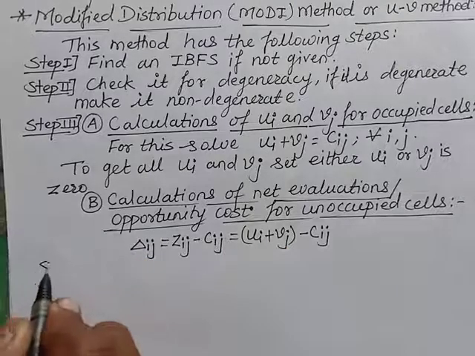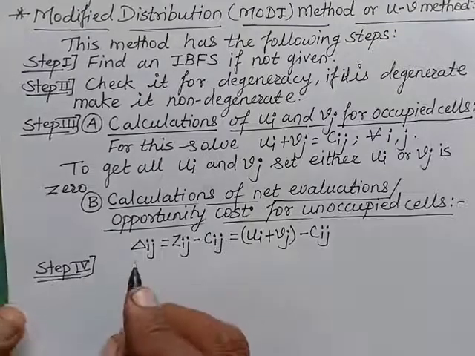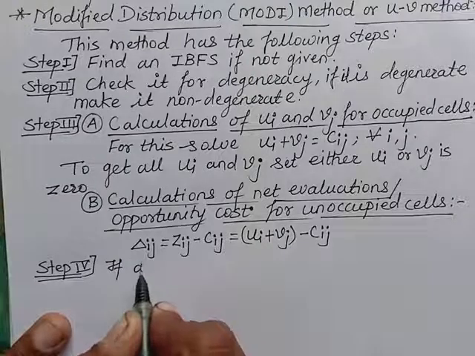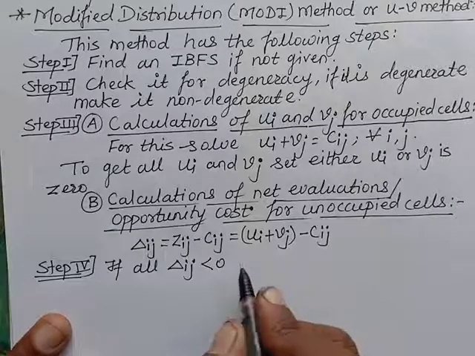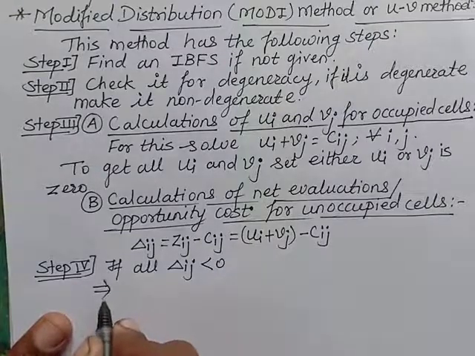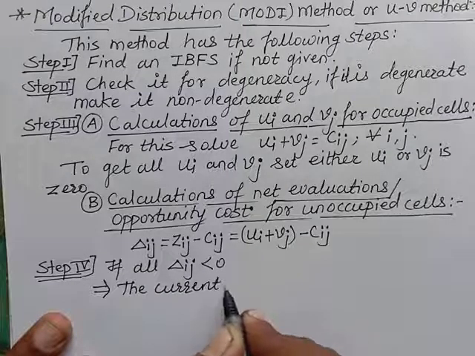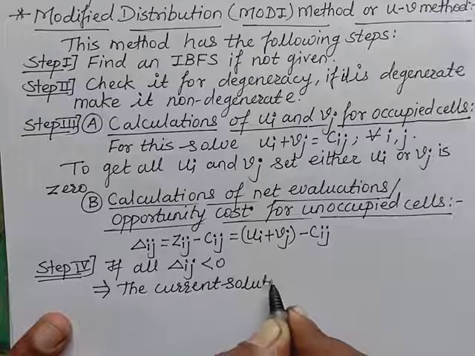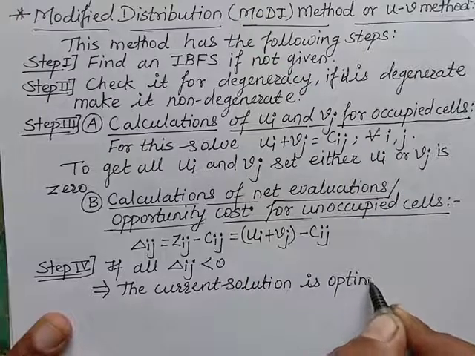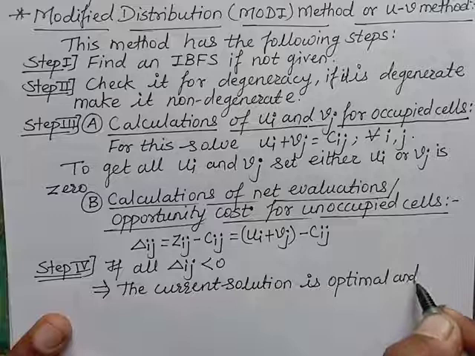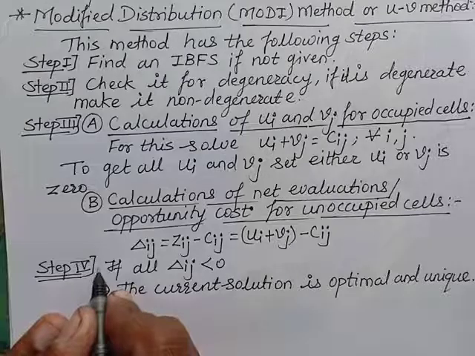Now step 4. It is about the conclusion. If all delta ij less than 0, this says the current solution is optimal and unique.